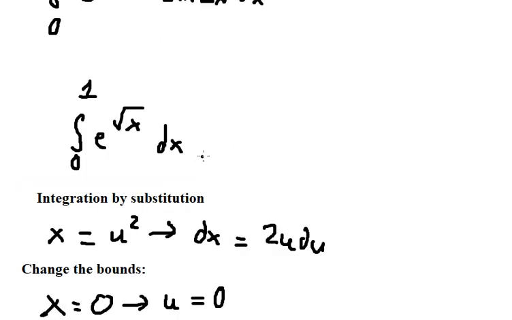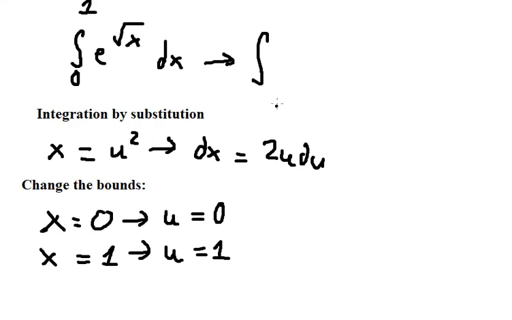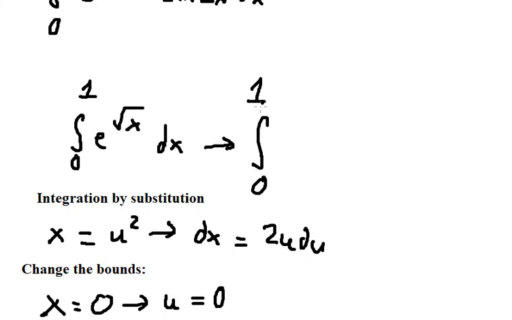And now we need to change this integration. So number 0 we keep the same, number 1 we keep the same. U squared we put in here, the square root of u squared we have u.